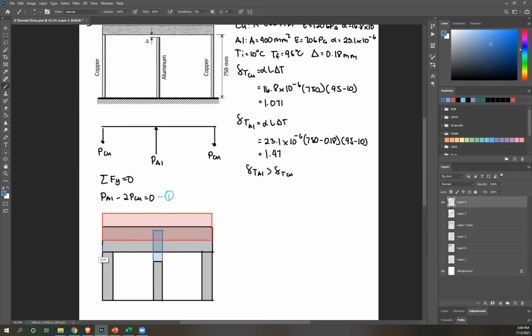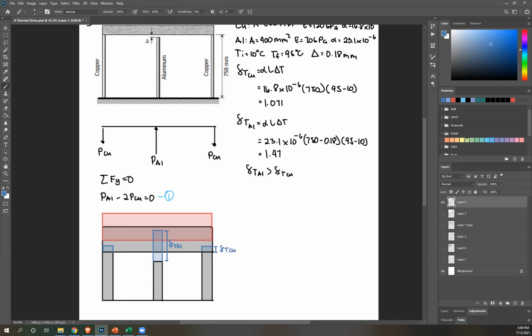Next, copper. Copper doesn't deform enough, so it's going to end up here. This is deformation due to temperature of aluminum, and this is deformation due to temperature of copper.